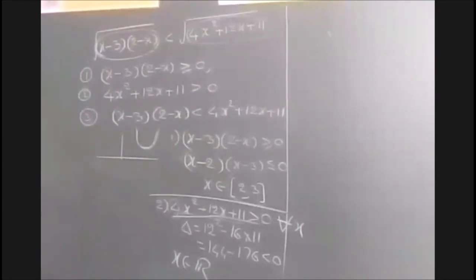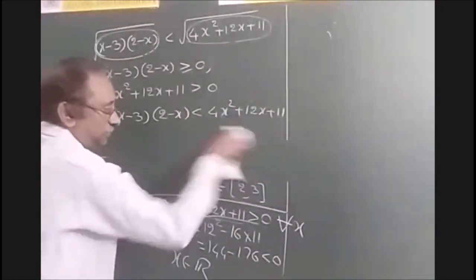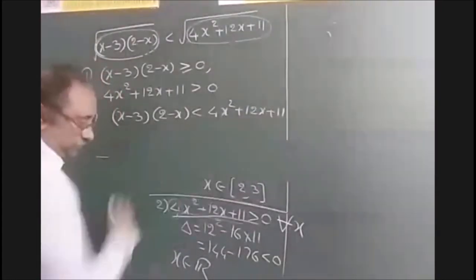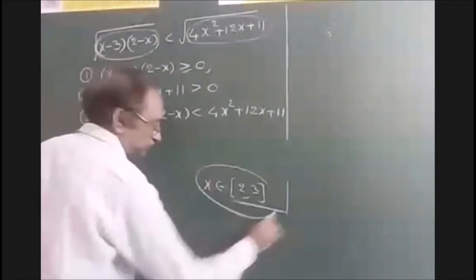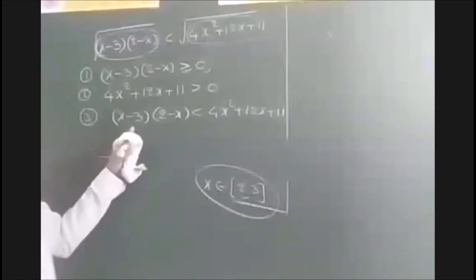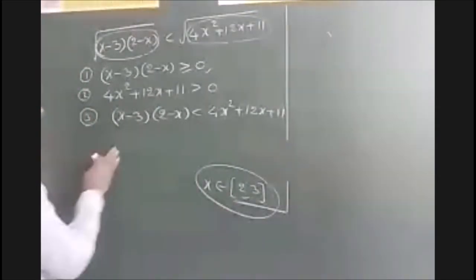Okay, and now the third one. What about the third one? For the second one, this is every real number, so no need to consider that. For the first one, this is the set. If you find the third one, after that you can take the intersection of these. And what is this?